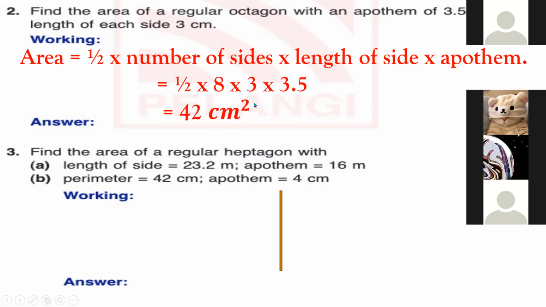What's the length of the side? 23.2. Very good. Multiply the apothem. What's the apothem? 16. So what's your answer now? 1/2 multiplied by 7 multiplied by 23.2 multiplied by 16. What's your answer?